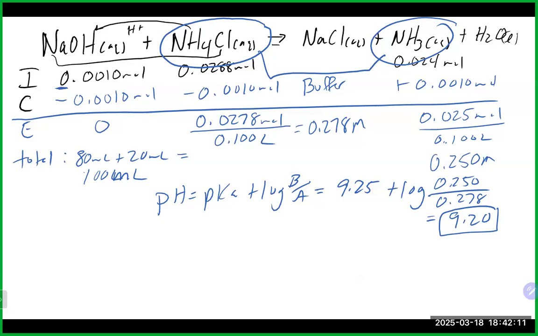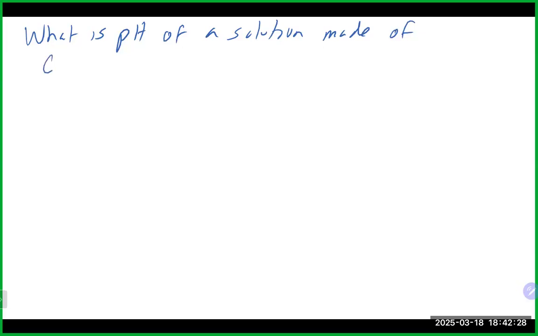Let's try another one here just for fun. Why not? Let me just make one up and hope for the best. All right, we want to know what is the pH of a solution made of 0.4 molar HF and 0.6 molar sodium fluoride.